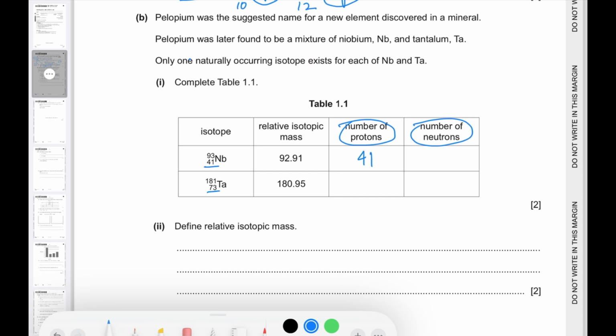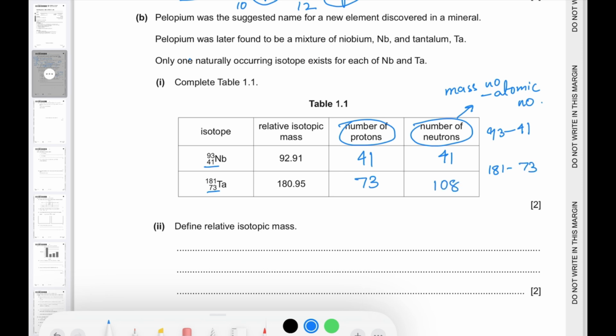That's 41 for niobium and 73 for tantalum. The number of neutrons is the atomic number subtracted from the mass number, which for niobium is 93 minus 41, which leaves you with 52, and for tantalum that's 181 minus 73, which is 108.